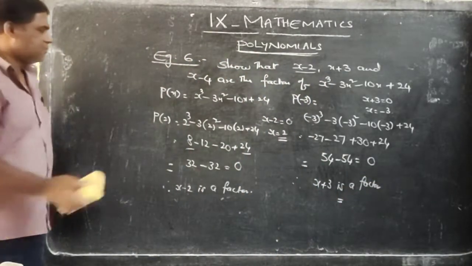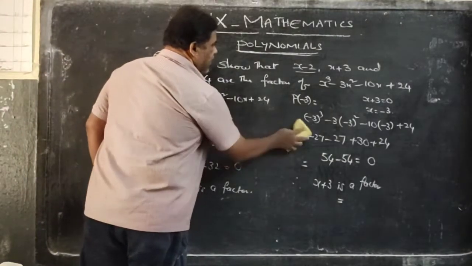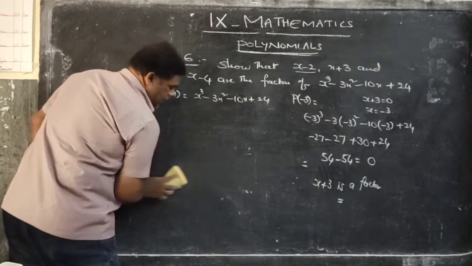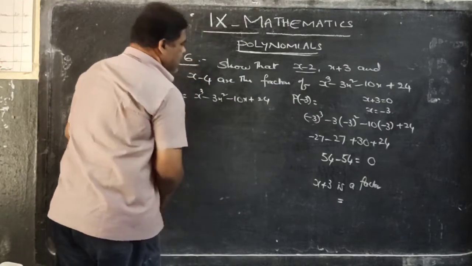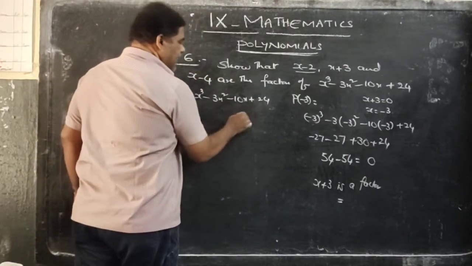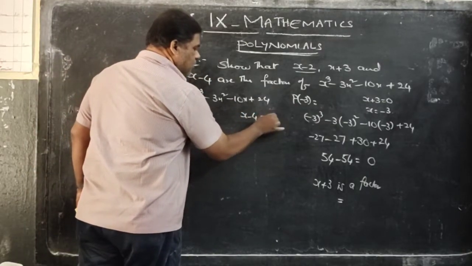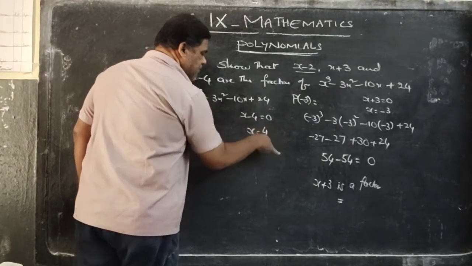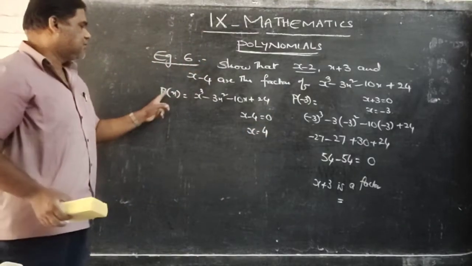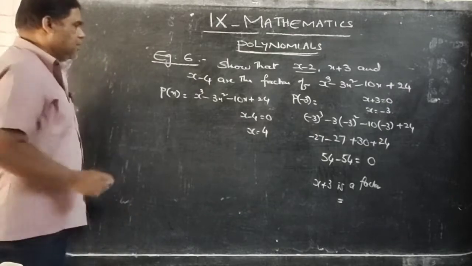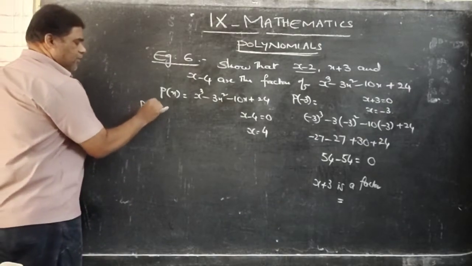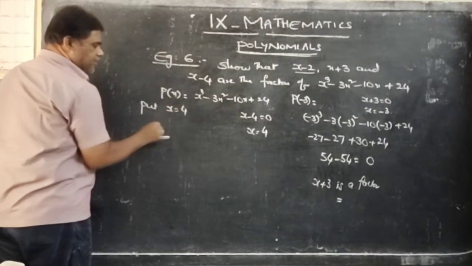Now, we should check for x minus 4. To check whether x minus 4 is a factor or not, equate x minus 4 to 0, find the x value, that x value is 4, and substitute it in the polynomial here. So put x is equal to 4.